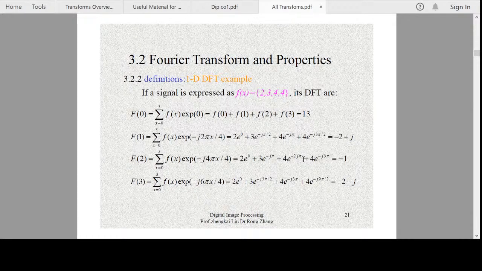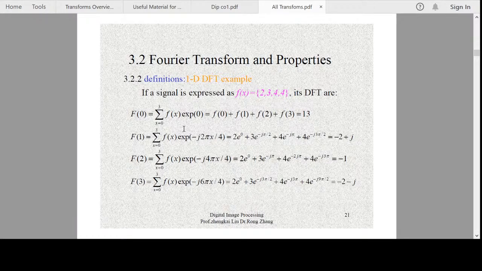Four values are there for a given instance of time. And you have to calculate the DFT by using the formula which we already know: f of x into e power minus j 2 pi n by N, small n by capital N. So you have to substitute these values in that. Then you will get capital F of 0, F of 1, F of 2, F of 3.